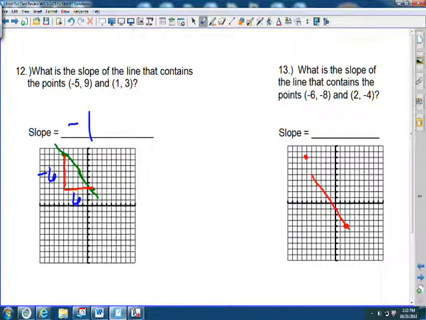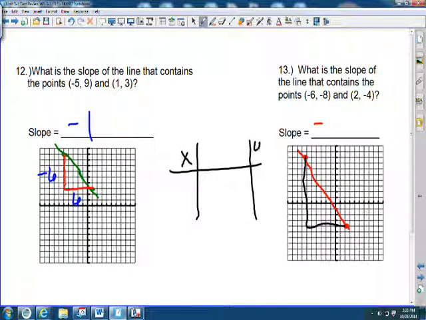Connect my dots. Oh, I see my slope is decreasing, so it's going to be negative. I can figure out how many down and how many over. I can do it that way or build a table. I have x, then y. -6, -8, and 2, -4.